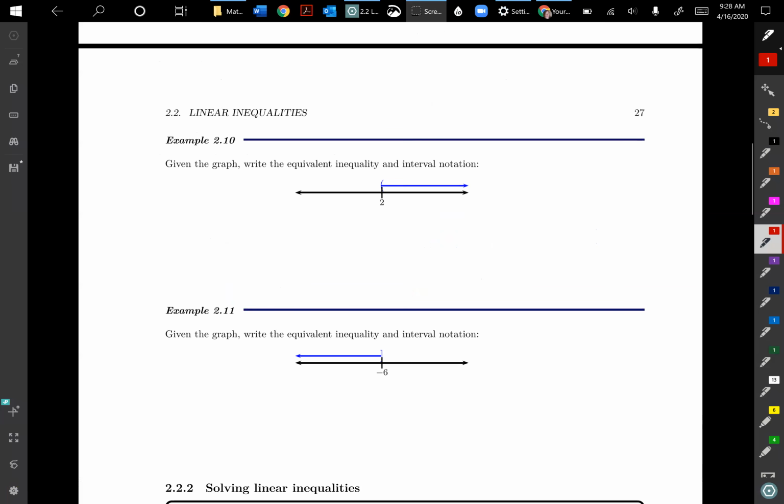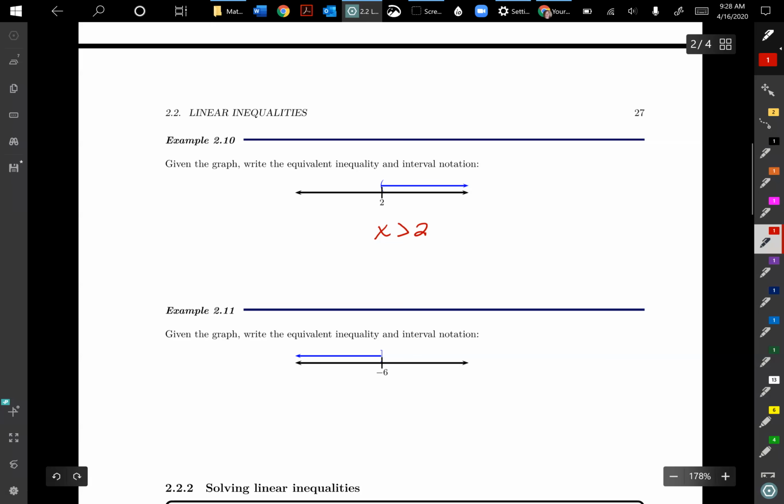Now we're looking at example 2.10. Given the graph, write the equivalent inequality in interval notation. So what this says is that my variable x, or whatever letter it might be, is going to be greater than 2.